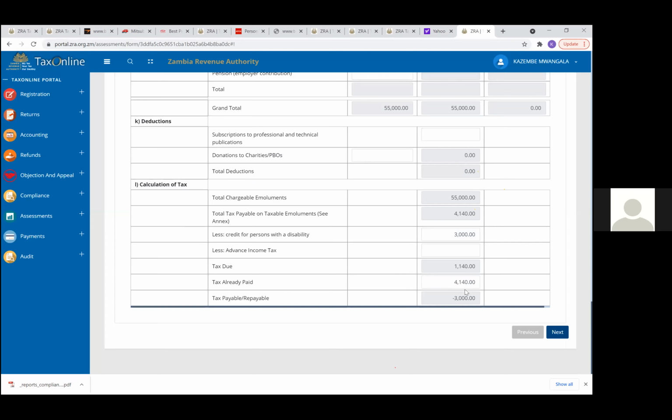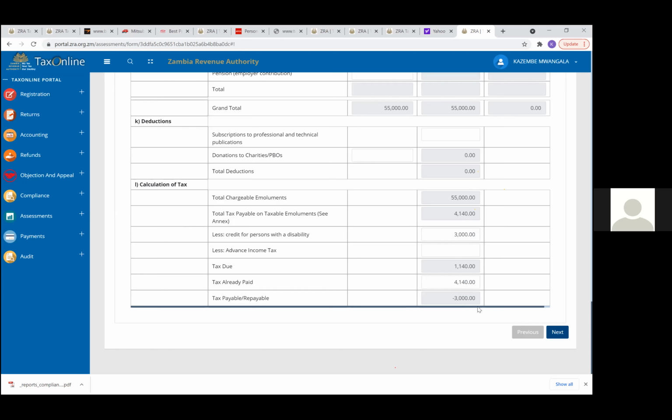You see that in this case, according to the system, the tax that is to be refunded to the person is 3,000, which is exactly equal to the credit for persons with a disability.